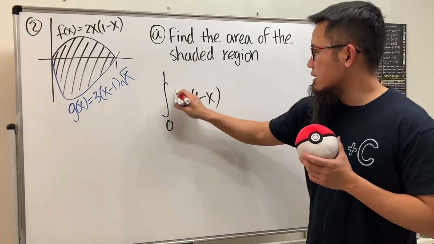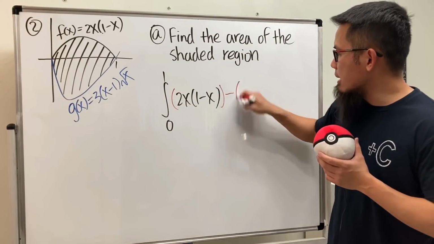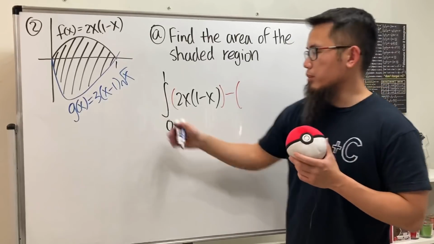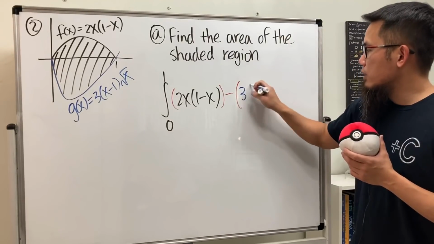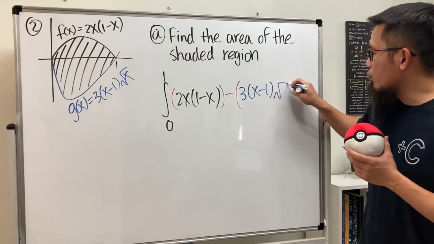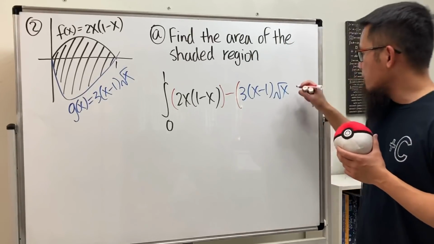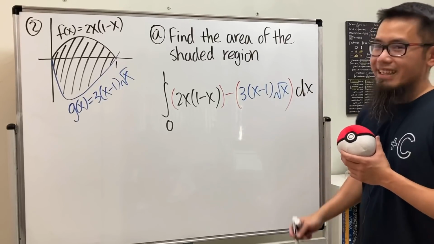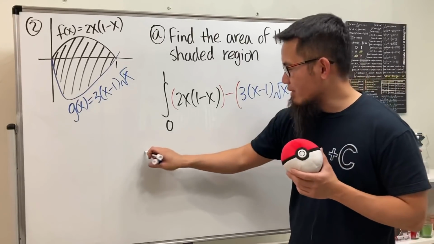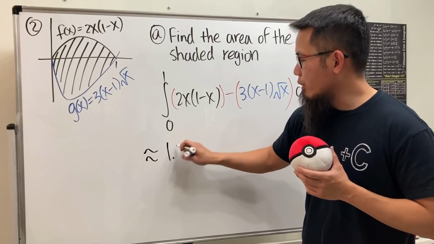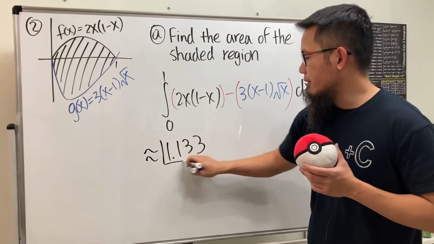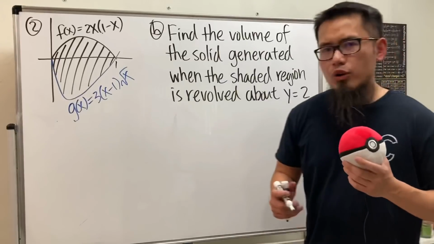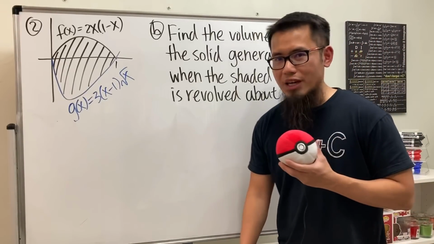So this is the top function, and then minus the bottom function, which is the one in blue, namely the g function, which is 3 times x minus 1 times the square root of x. Perfect. And then of course, don't forget to put down the dx. And again, use a calculator right here, you get approximately 1.133. So that's it.